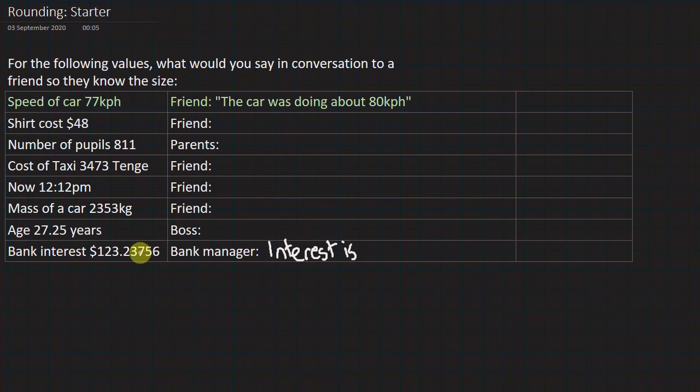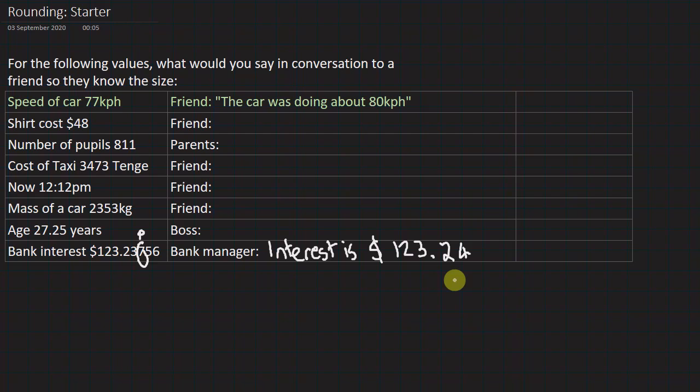You're not going to say about. You're going to say what it should be. So it's $123, and by convention with most money, you quote two decimal places if you want a relatively accurate number. So in that case, it'll be 23. Look at the 7, round up to 24 cents. So this is what we're talking about with the rounding.